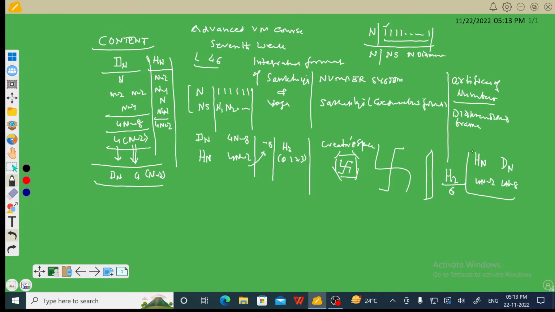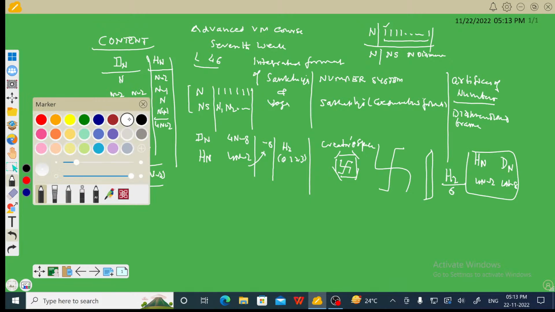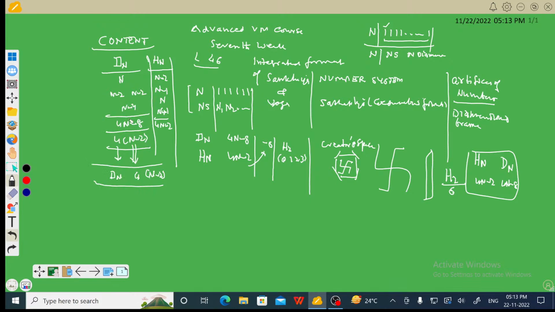It is this manifestation within creator's space of a spatial order which is helping us to glimpse the phenomenon of Hn, the represented body of n space, as H2 plus Dn.